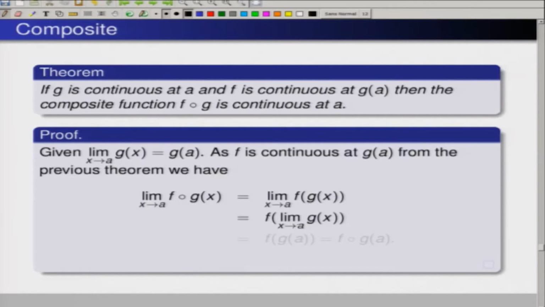So, this is f of the limit as x goes to a of g(x), that is equal to f of g(a), which is nothing but f∘g at a. So, if g is continuous at a and f is continuous at g(a), then f∘g is continuous at a.